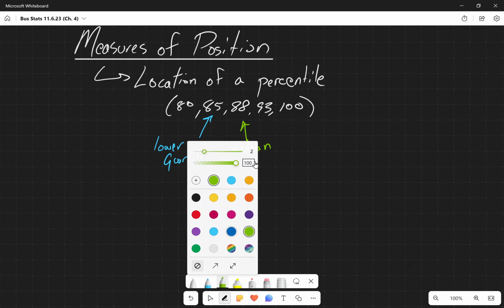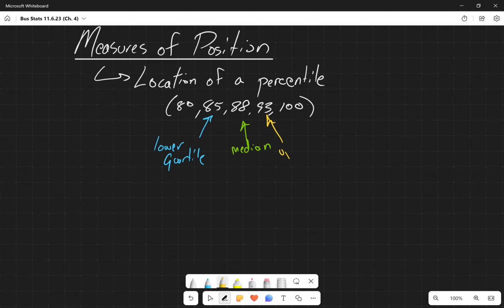This is going to be my upper quartile here. But again, this is easy because we just have 5 points of data in this particular thing, right? So if we were to label this, we could say this is L1, this is L2, this is L3, this is L4, this is L5, right? Talking about the different positions of them.